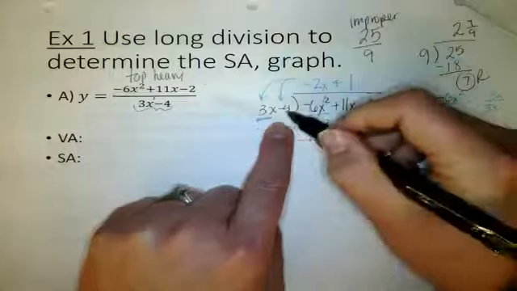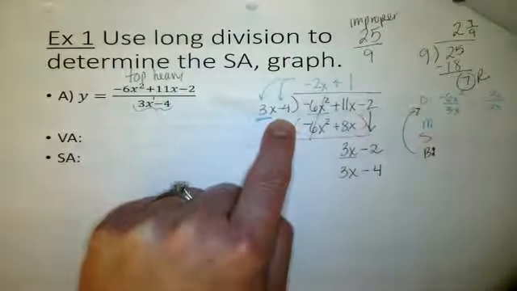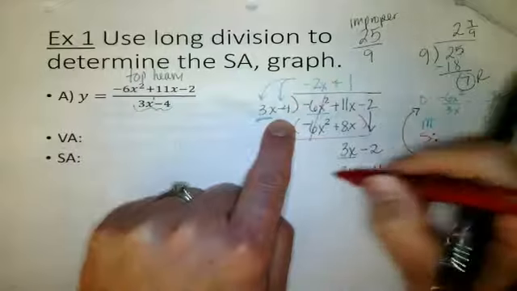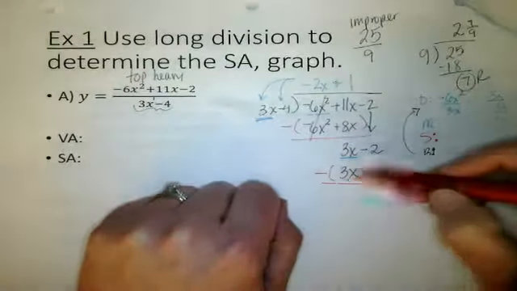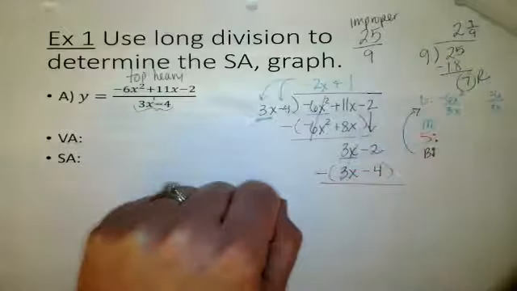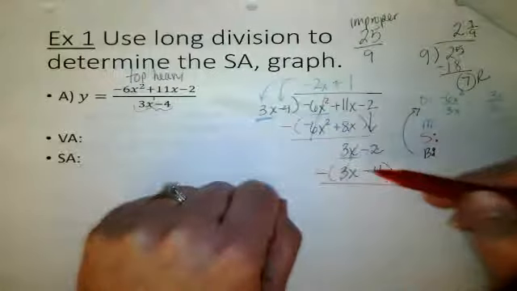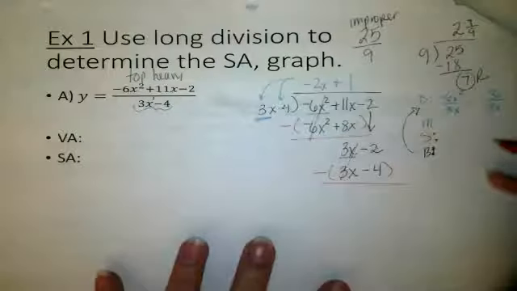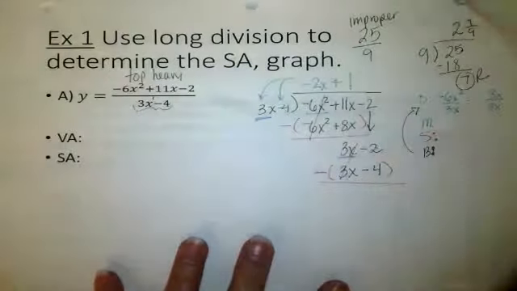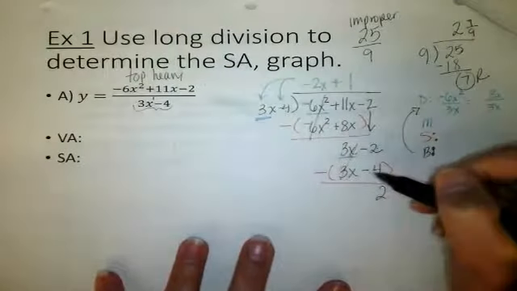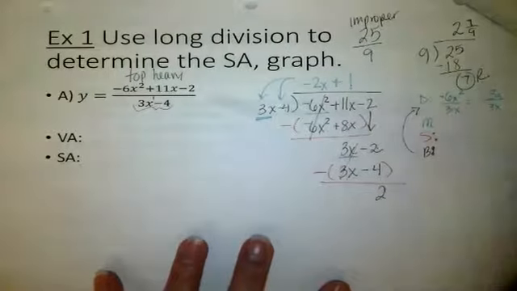And 1 times negative 4 is negative 4. So that was multiply. Now we're going to subtract. 3x minus 3x, 0. Negative 2 minus a negative 4. Positive what? 2. Okay, good. That's right. Minus a negative becomes plus, so it's negative 2 plus 4 gives us 2.